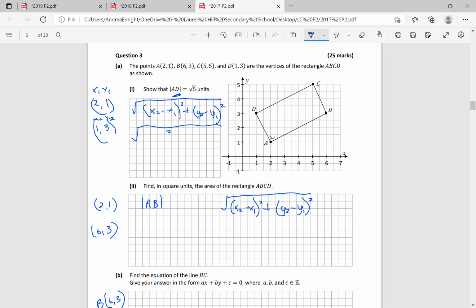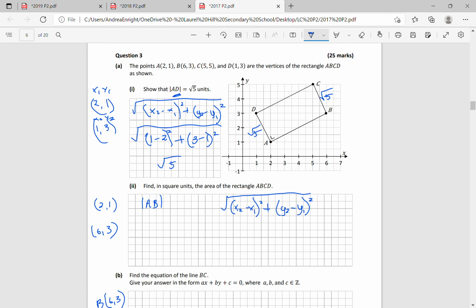So it's x2 is 1 minus 2 to be squared plus y2 is 3 minus 1 to be squared. Into the calculator that and you get root 5. So the length of AD, so the length from A to D, is root 5. They told me it's a rectangle, so over here is also root 5.